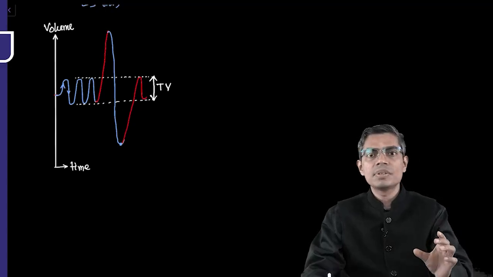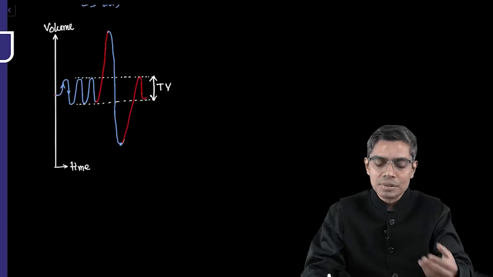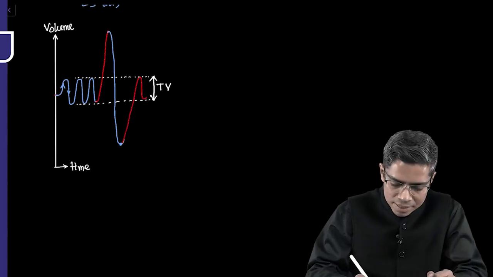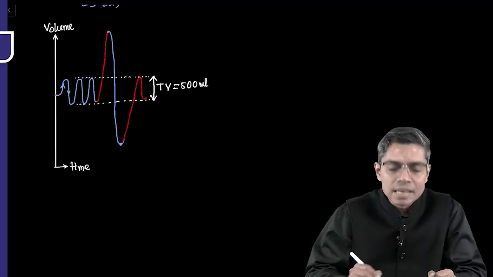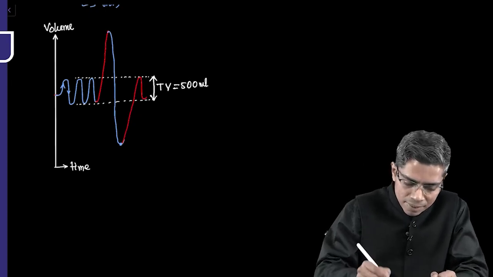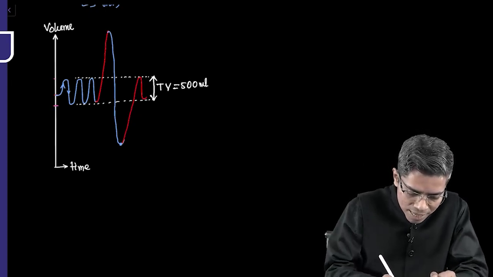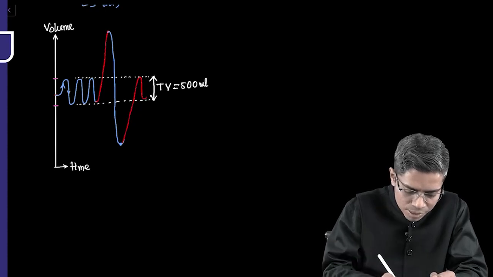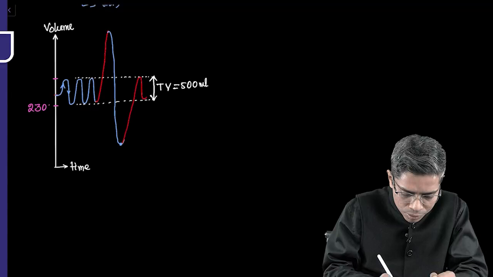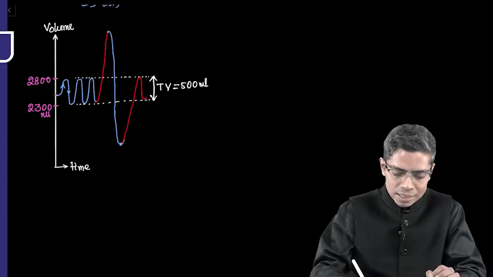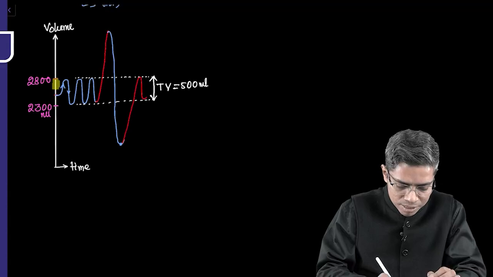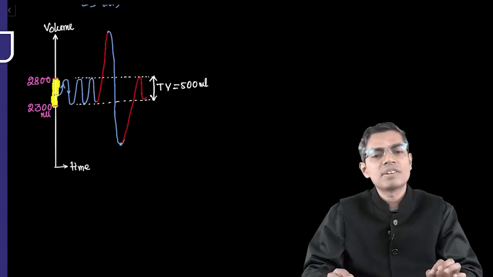Normally the tidal volume is approximately 500 ml. You can easily find out from the markings on this y-axis. Suppose this is 2300 ml and this is 2800 ml. So the tidal volume from this spirometry recording is 500 ml, which is normal.